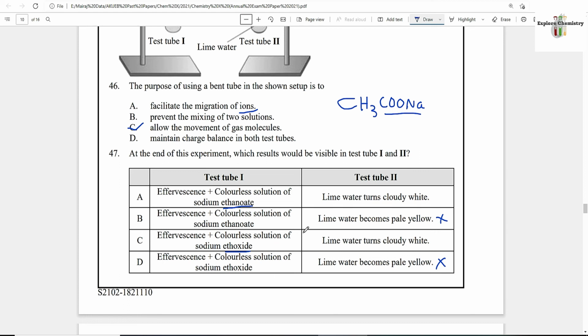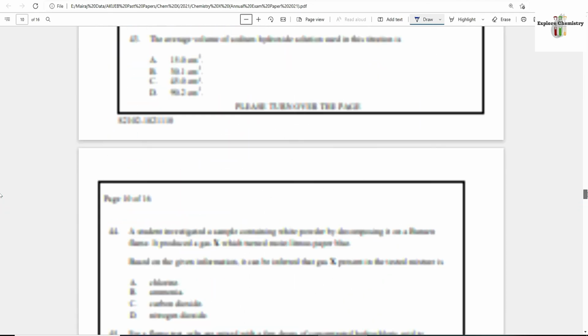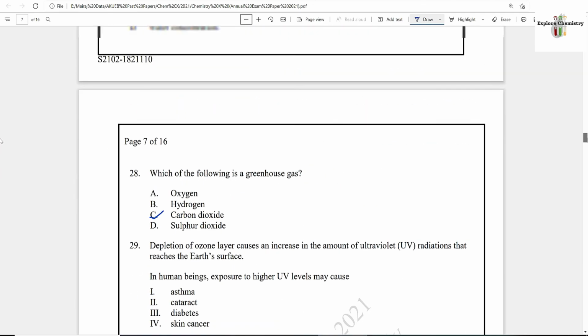Sodium ethoxide is CH3ONa, which is formed from alkanes. This is sodium methoxide. For sodium ethoxide, it will become C2H5ONa. So this compound will not form whenever acetic acid reacts with sodium carbonate. I have shown you the equation over here also in question number 9.